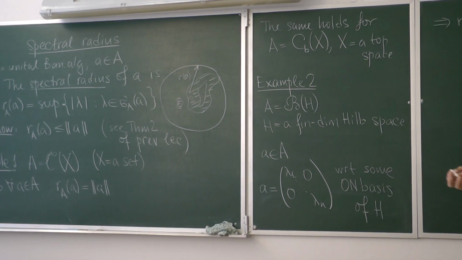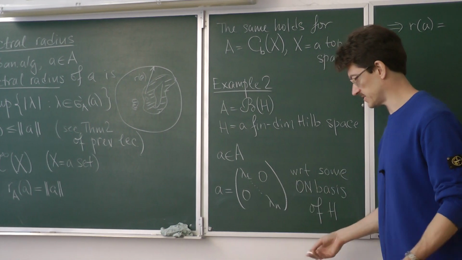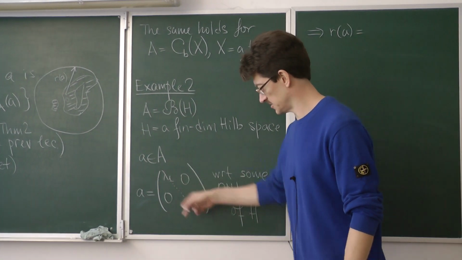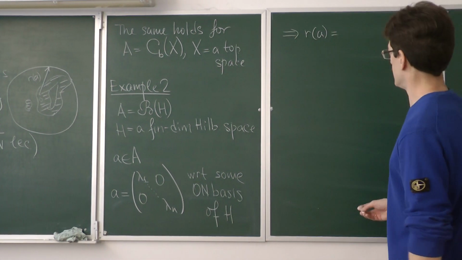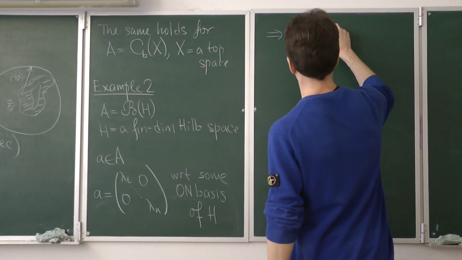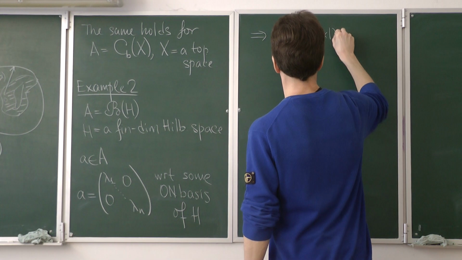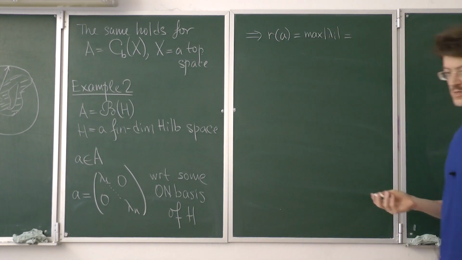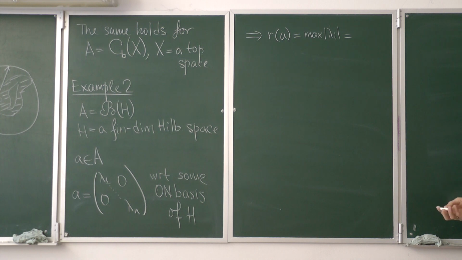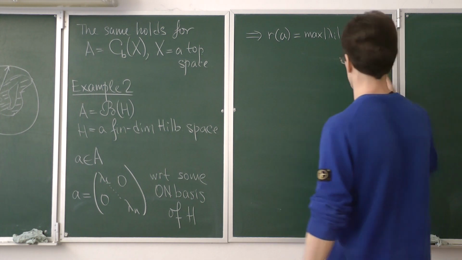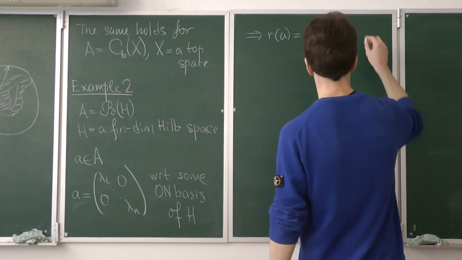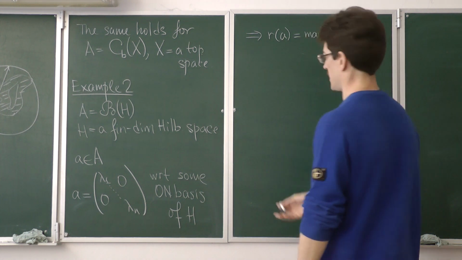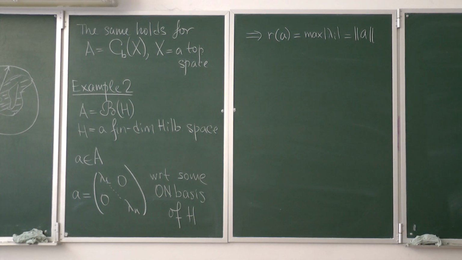First of all, the spectrum of a diagonal matrix consists of numbers on the diagonal. So the spectral radius is the maximum of these numbers. And on the other hand, we know that the norm of a diagonal operator equals the maximum of these numbers. So again, in this case, we see that the spectral radius equals the norm.